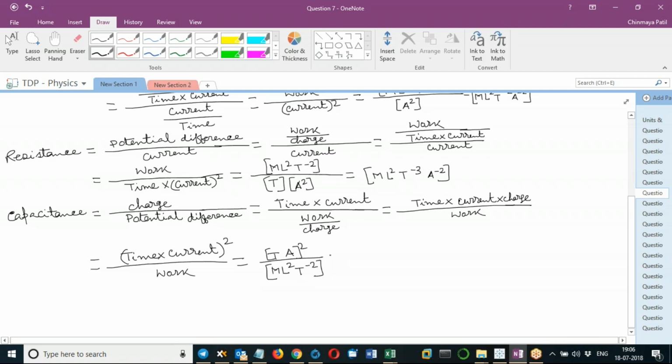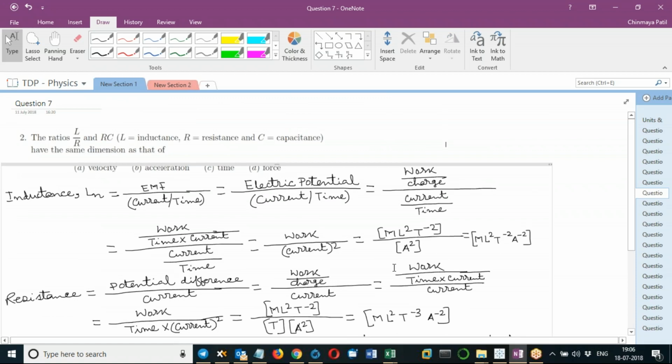Now if we simplify further, we get M power minus 1, L power minus 2, t power 4 and A square, correct? Now let's have a quick look at what we have done so far.